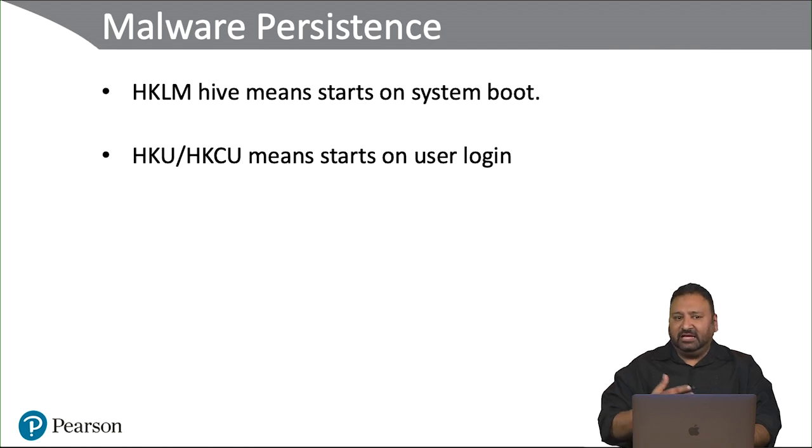If it is in HKLM, it's already started at that point. That means a malware author, if he has control of the box, can actually log onto the machine at that point. If it is in HKU or HKCU, you have to wait until the user actually logs in, and if it's under his profile, then the persistence starts and the malware starts to be executed.